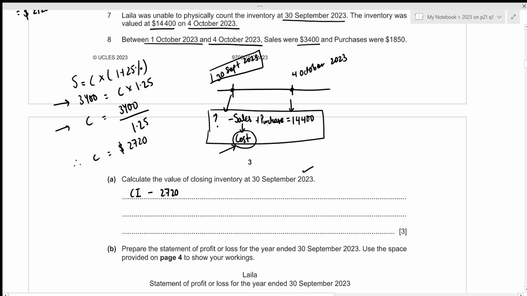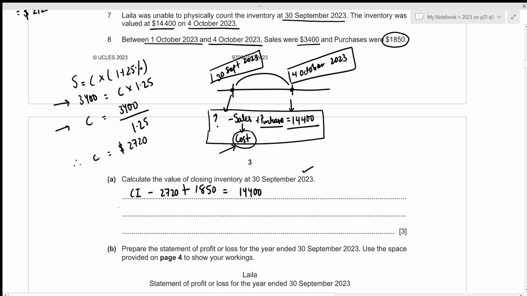Then we need to add any purchases made between this date. And the purchases made is given to be 1,850. So let's add that. And this will give the closing inventory at 4th October 2023, which is 14,400.